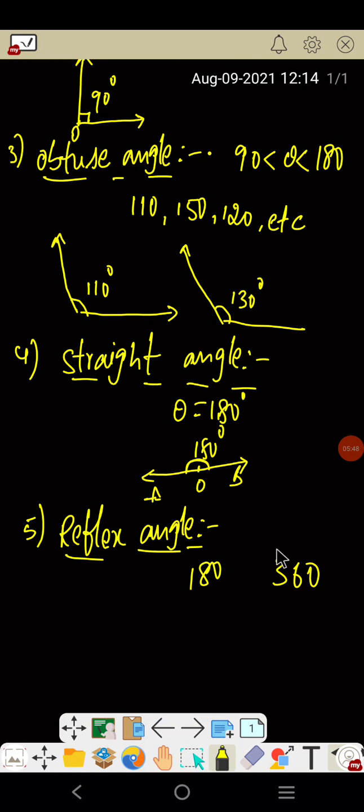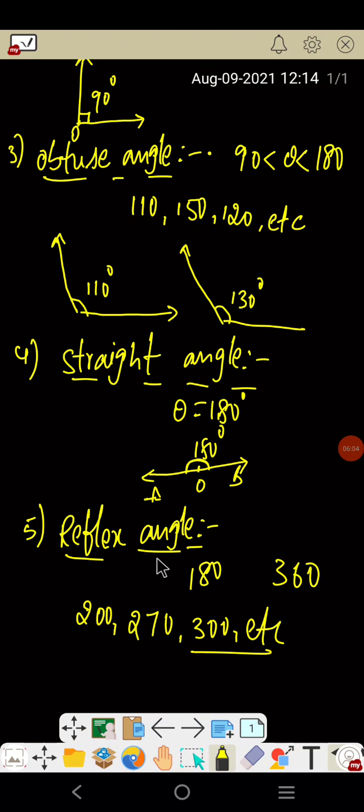Examples are 200 degrees, 270 degrees or 300 degrees, etc. These are all reflex angles because the angle is more than 180 and less than 360 degrees.